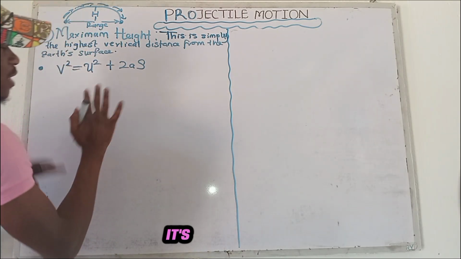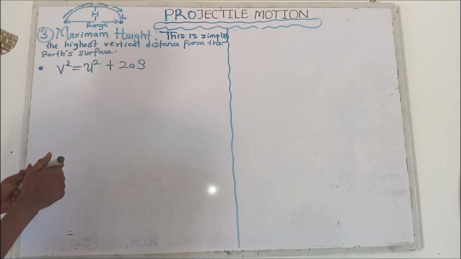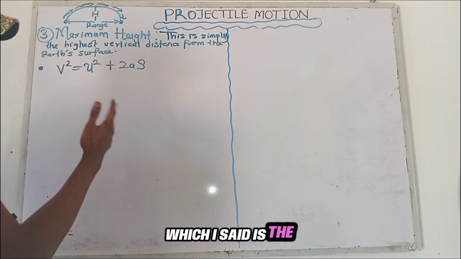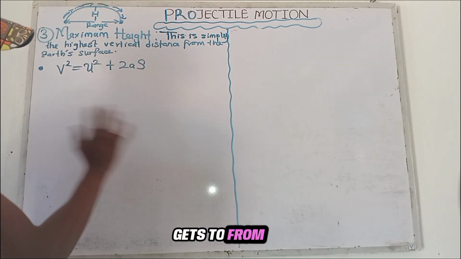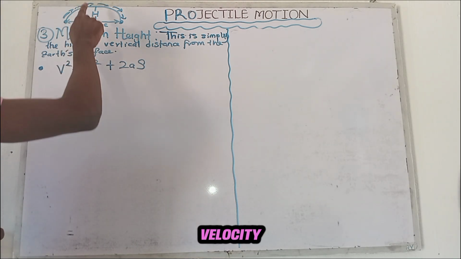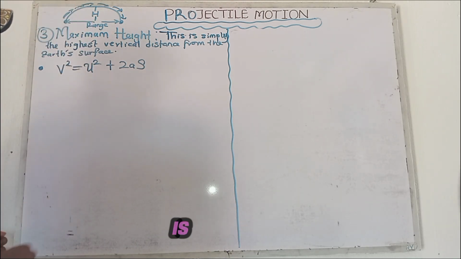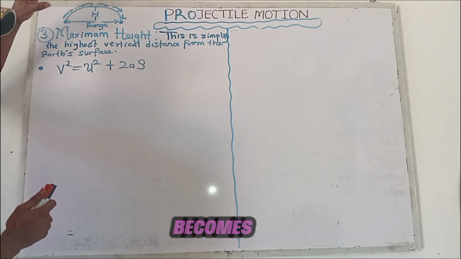It's another point you want to note when you are defining maximum height. At the maximum height, which I said is the highest vertical distance the projectile gets to from the Earth's surface under the influence of the Earth's gravitational force, the velocity v is momentarily, just for a moment, it stalls and its velocity becomes zero.